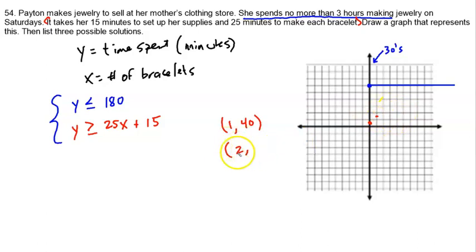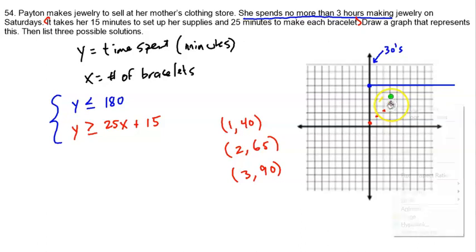If I let x be 2, that's 50 plus 15, that's 65. 30, 60, and then just a little above. And then we'll do one more. If I let x be 3, 75 plus 15 is 90. And now I'm going to connect those.